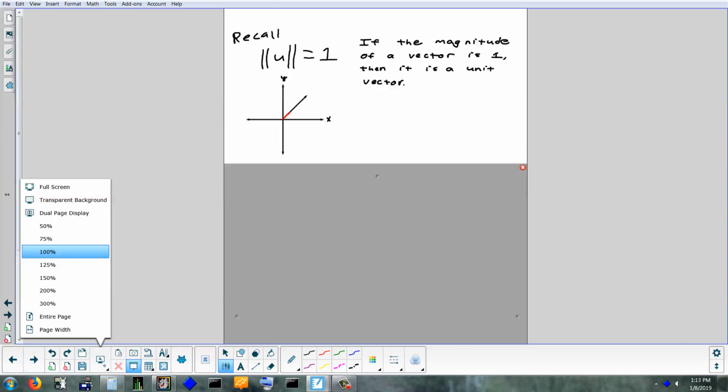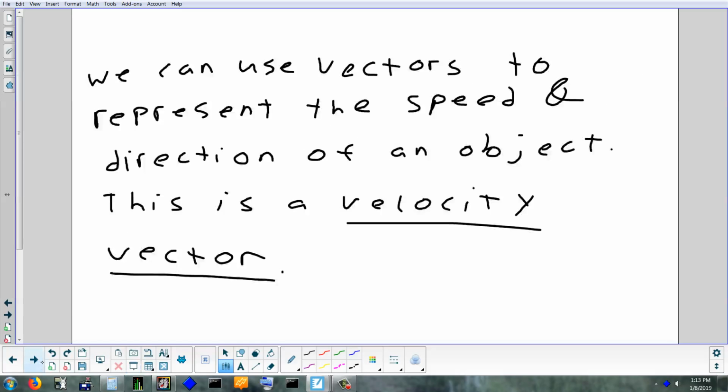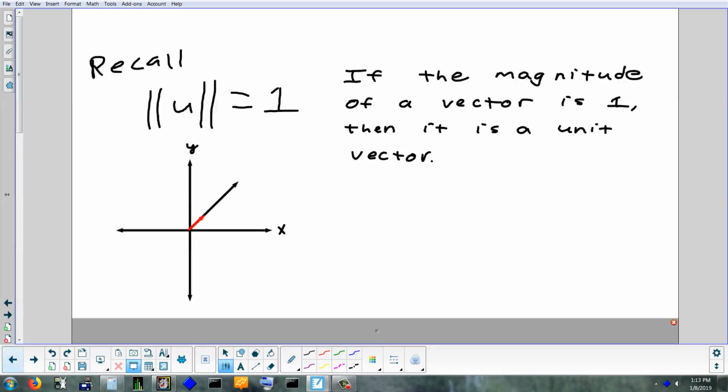So next thing we're going to look at, and then we'll do the 2 word problems, and that's it. The next thing is basically how can we turn a vector that's not a unit vector into a unit vector. So pretend you had the vector in black, and it's too big. The vector in red represents a unit vector.